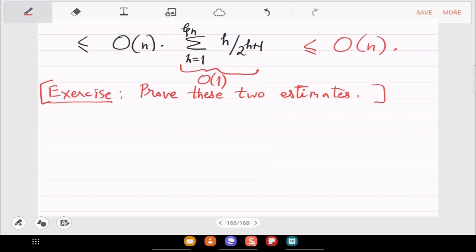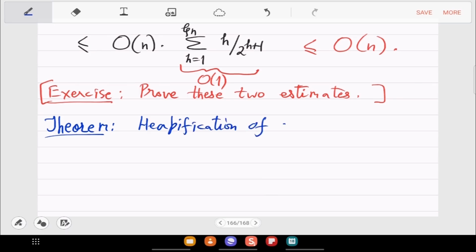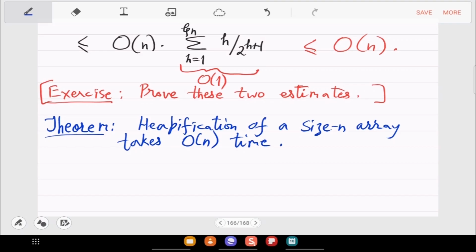Let's collect that as a theorem: heapification of a size n array takes only linear time.